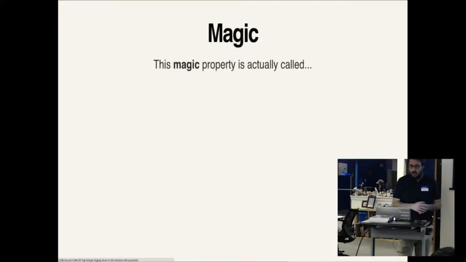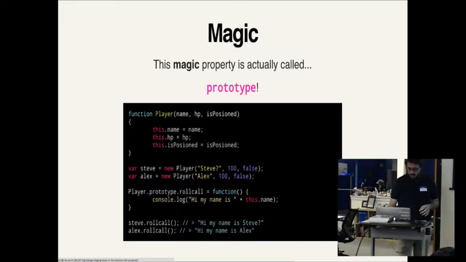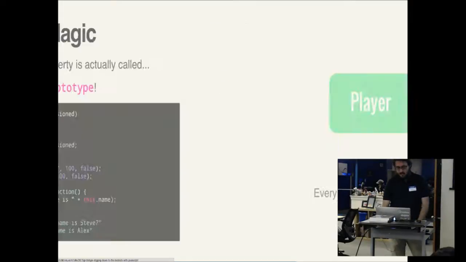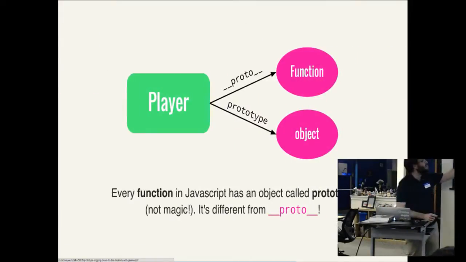To come clean, this property is actually called prototype. The reason I changed the name is because this is what the actual code looks like: player.prototype.rollCall. The reason I changed the name is because functions in JavaScript have a prototype object, which I called magic before, and they also have an actual prototype, proto, and they're different things.